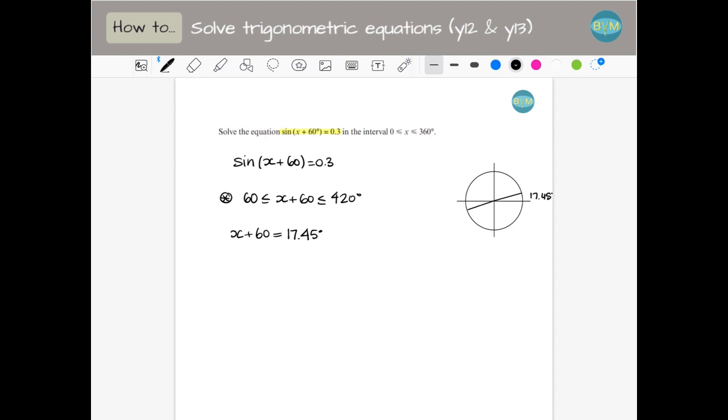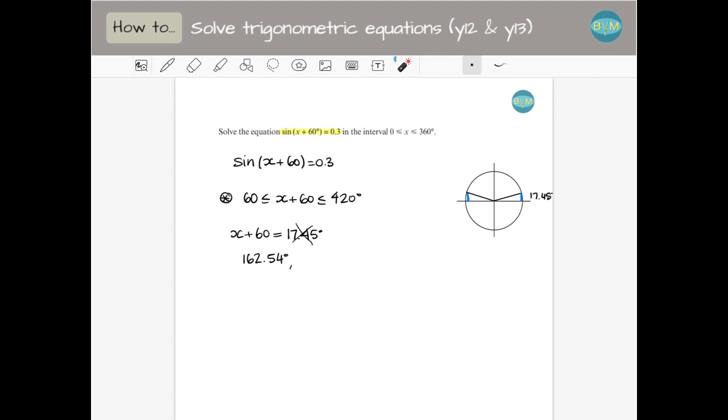For the sine, I'm looking for the y. So my first angle that gives me a solution is this one, which is 180 minus 17.45. So my first answer that works is going to be 162.55.